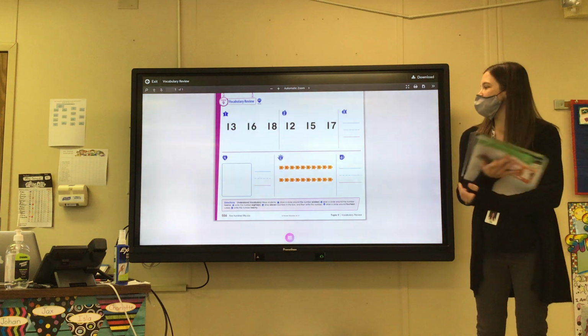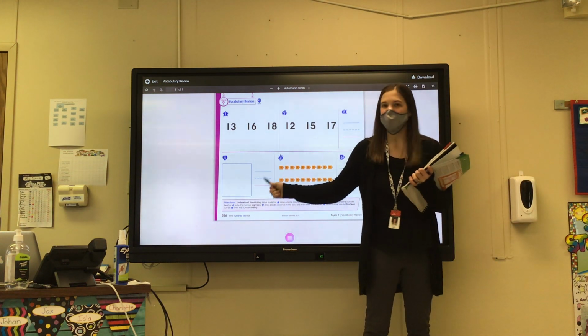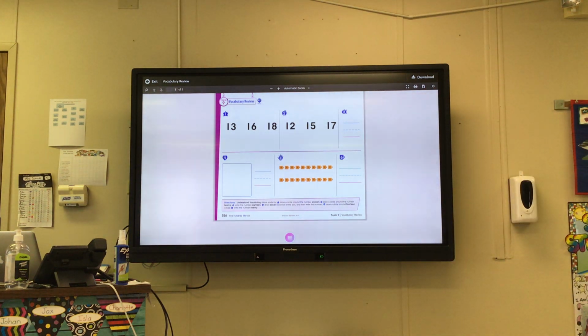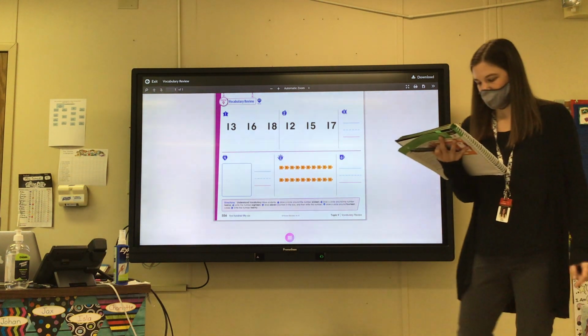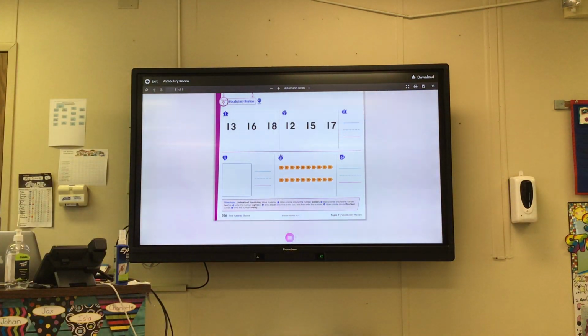I want you to draw 11 counters in the box and write the number 11 in the line. And write the number next to it.